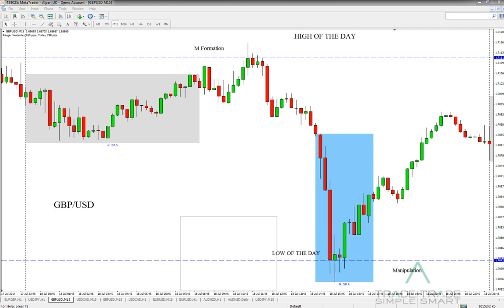And again, one thing to notice is just prior to the reversal back into the range, that smart money aggressively move off the low of the day with this aggressive bar to the upside, and this traps traders at the low of the day.